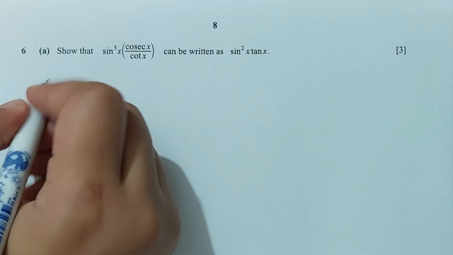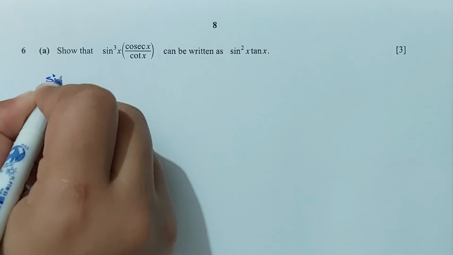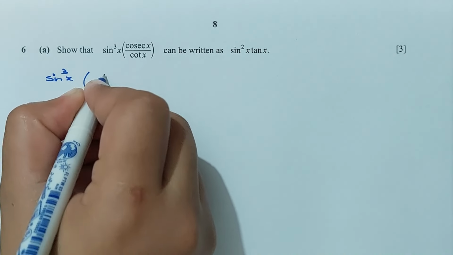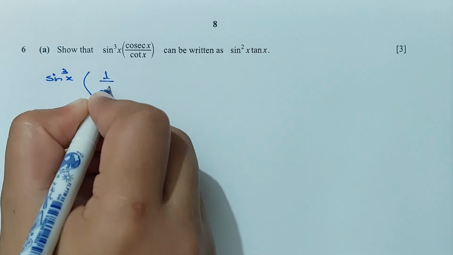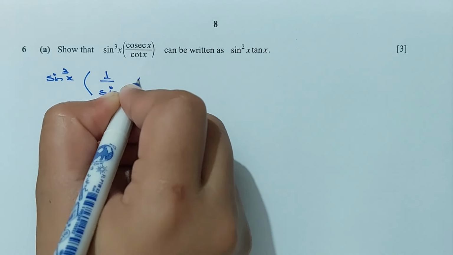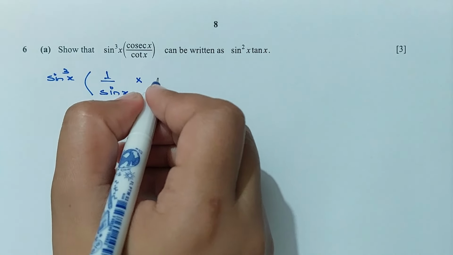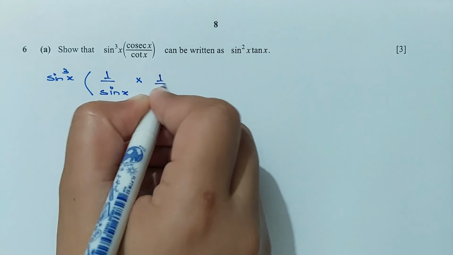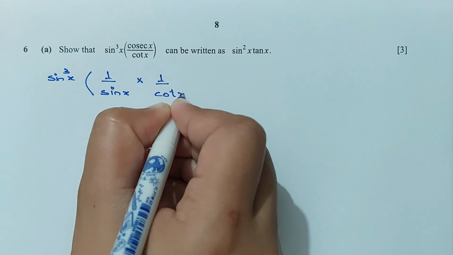Okay, so let's start. We have sine cube x. Cosecant is 1 over sine x. And 1 over cot is basically tangent, and tangent is 1 over cot x.